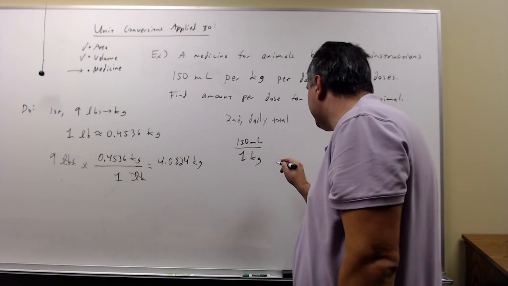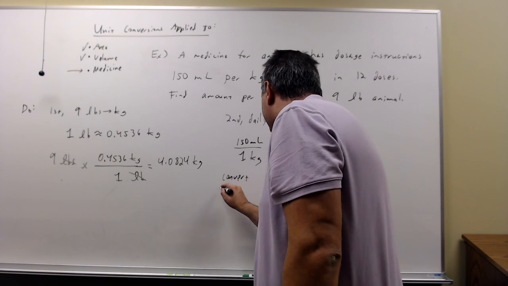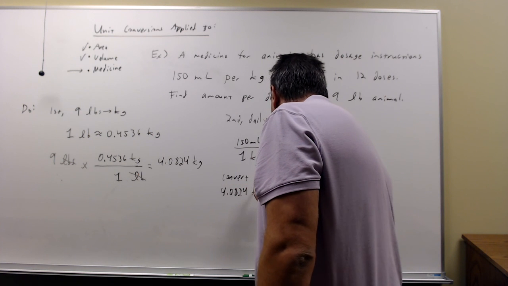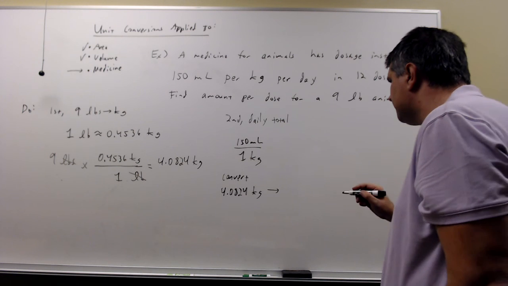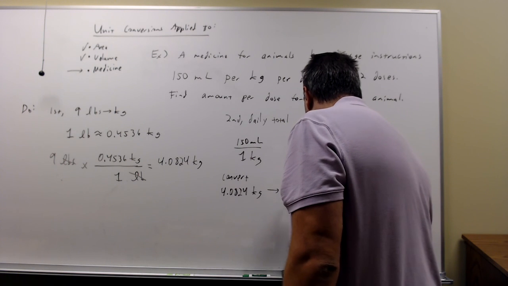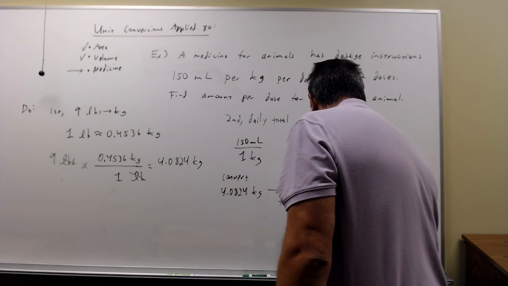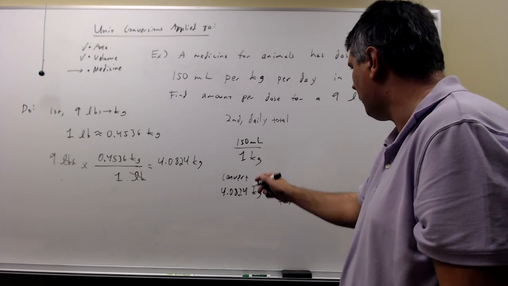And given this bit of information, convert 4.0824 kilograms to milliliters of this medicine, using this as a unit rate.